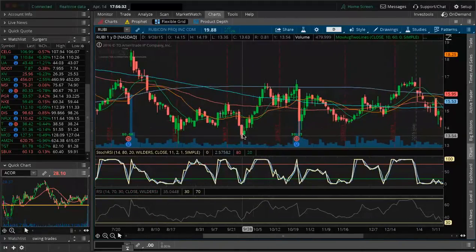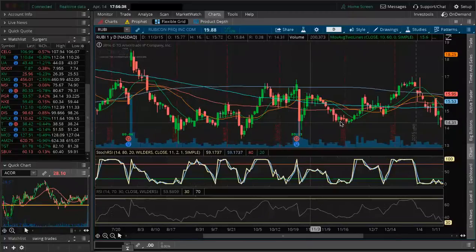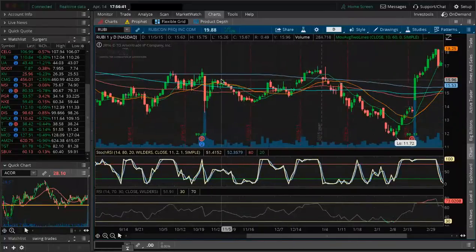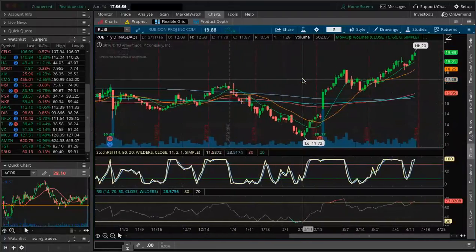It's up here and then it comes all the way back down to there. That's a gap down. Since it dropped down to there and it was down to here, that's a gap down. When it's here and it comes back up to there, you've got a gap up. You can see it gaps up to the same spot. So that's gap up, gap down.